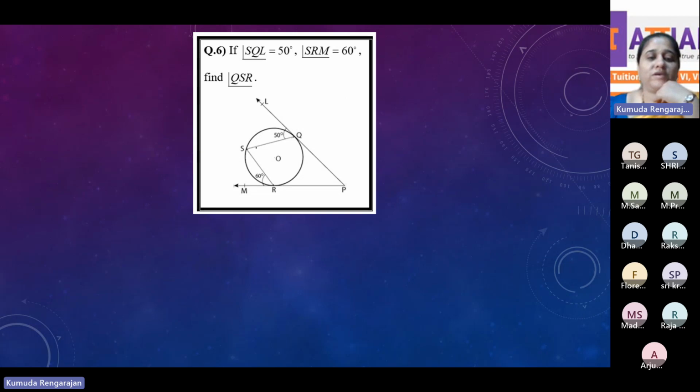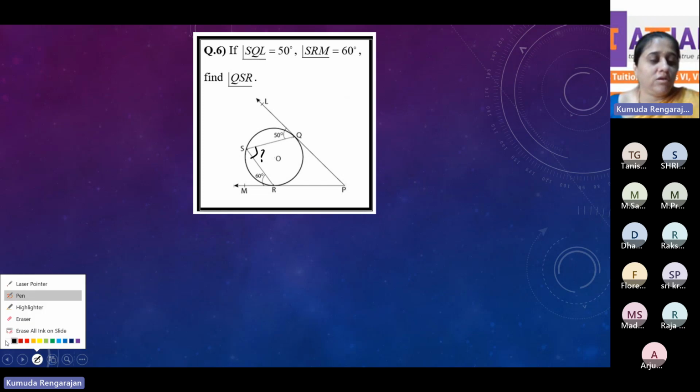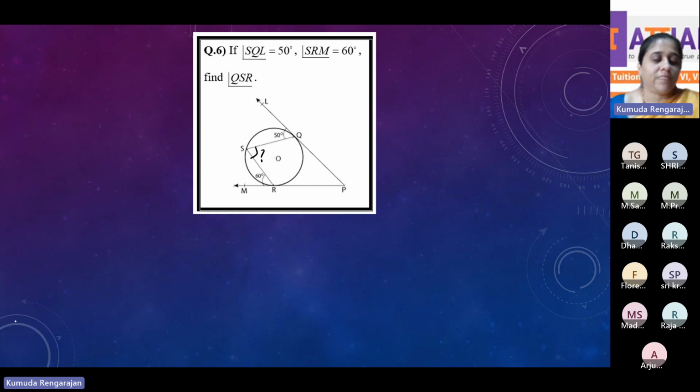How do we find QSR? Okay, so here you have to recall the alternate segment theorem.